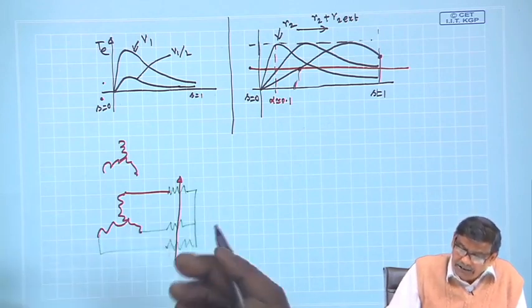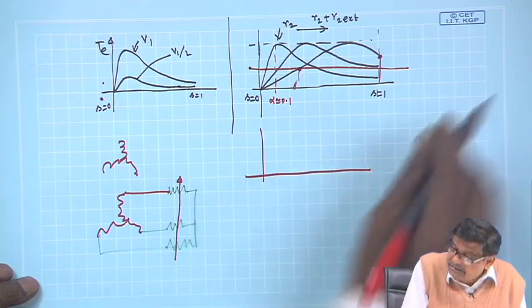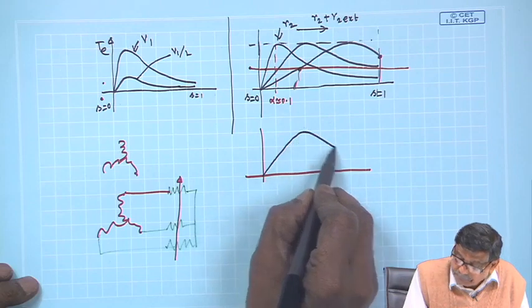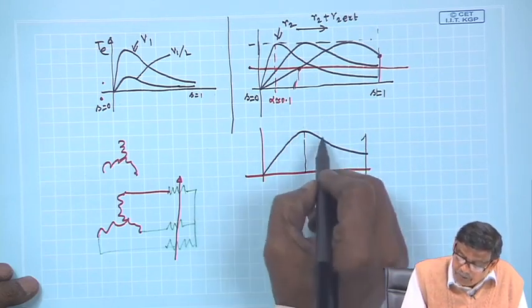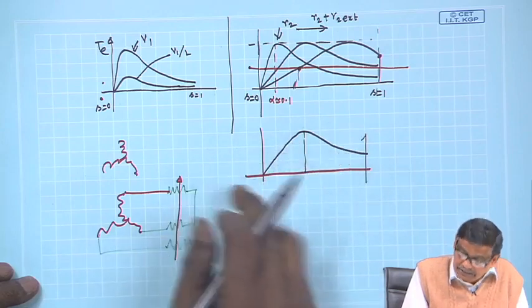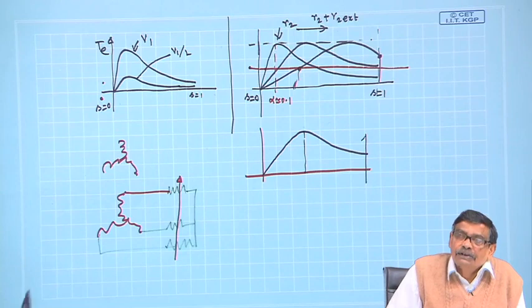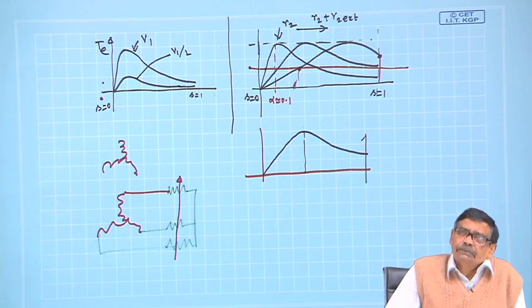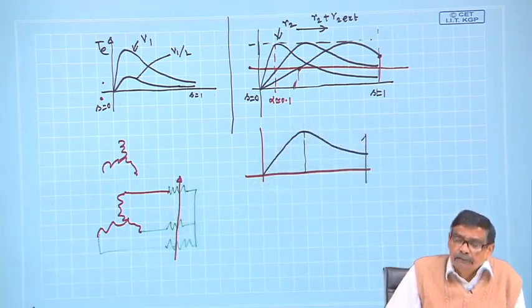If somebody designs a machine whose inherent rotor resistance is such that T max occurs like this, then we are talking about an induction motor whose rotor resistance per phase is higher, and therefore, such machines will not be that efficient.